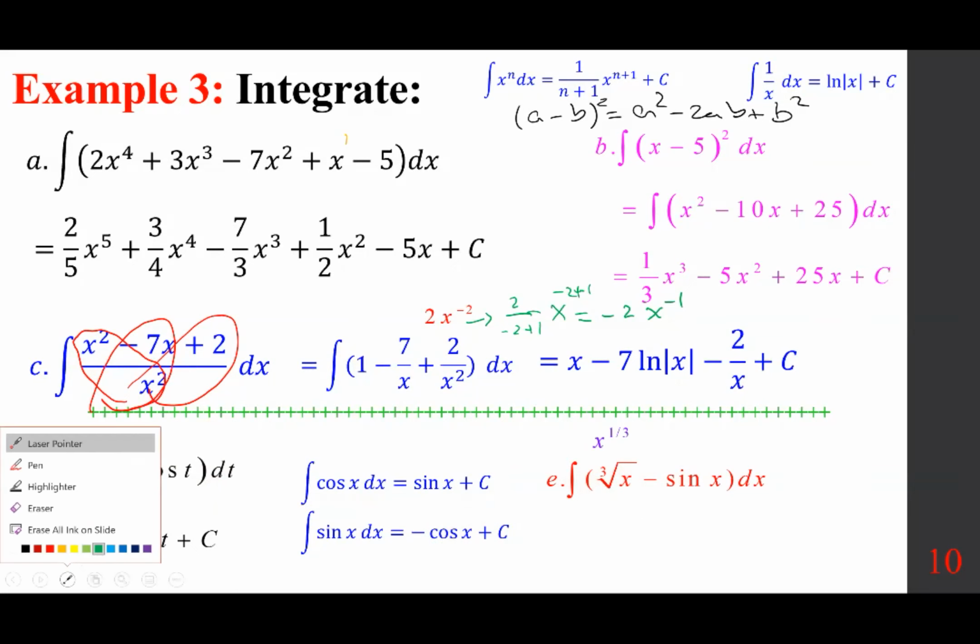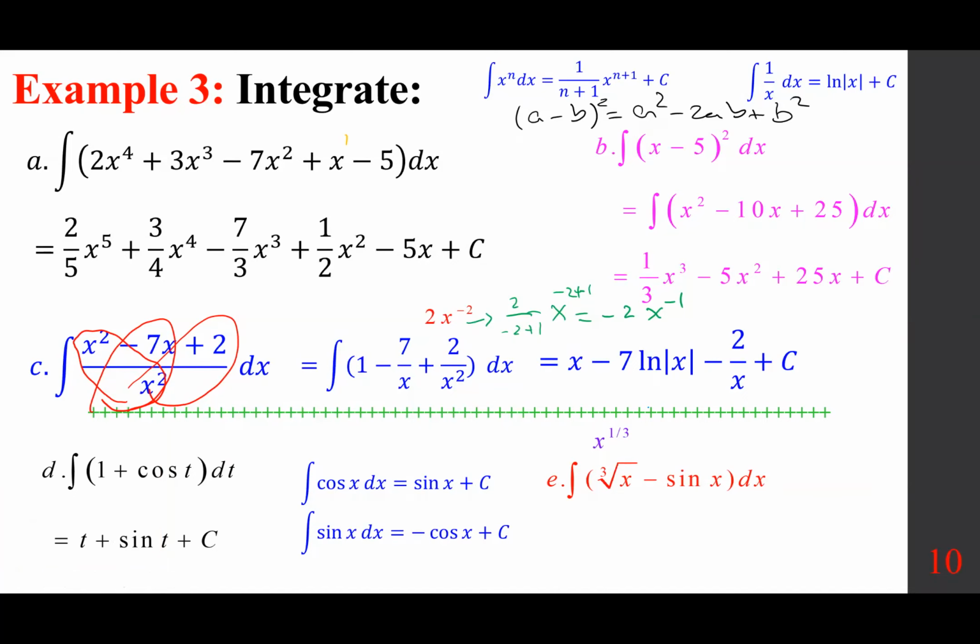And now, if I want to integrate, 1 over 1/3 plus 1, x to the power of 1/3 plus 1. 1/3 plus 1 is 4/3, so we have 1 over 4/3 x to the power of 4/3.